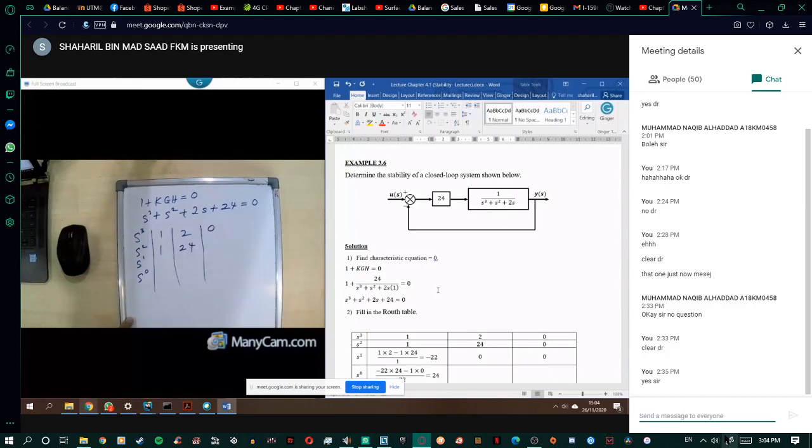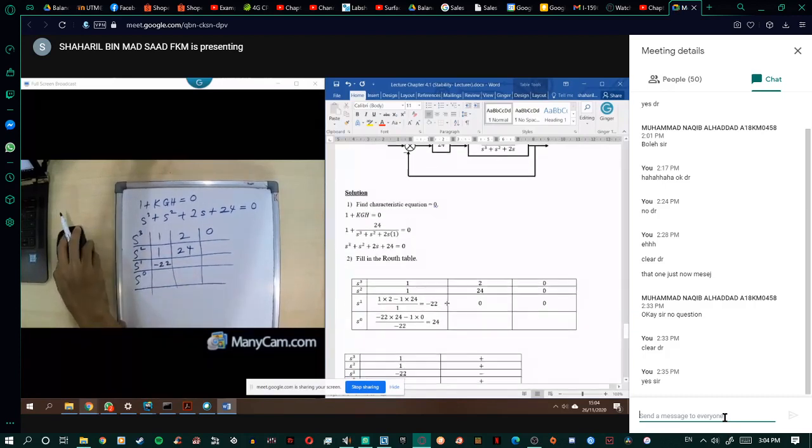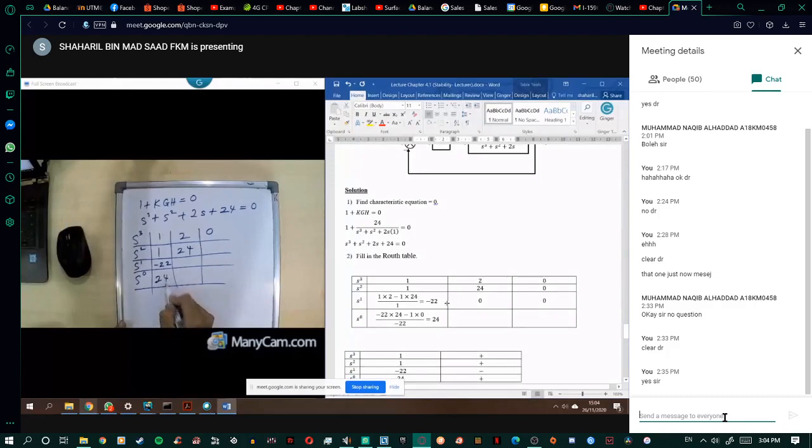This one 0. Then when you do this, you will get s power of 1 here is minus 22, then s power of 0 is 24. So the signs are plus, plus, minus, plus.